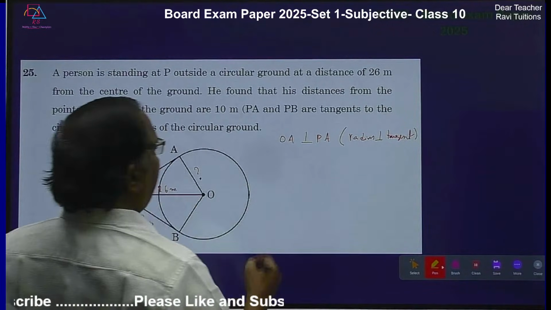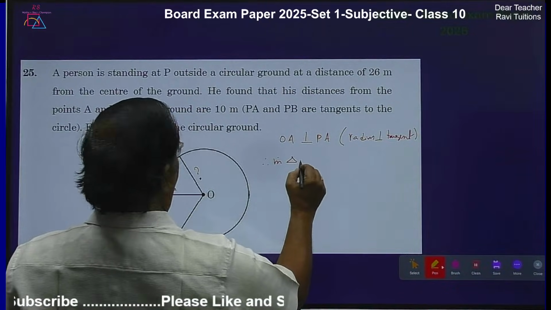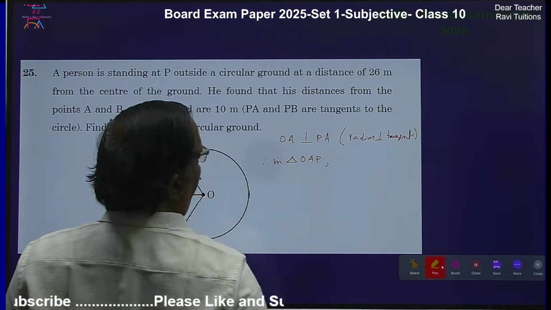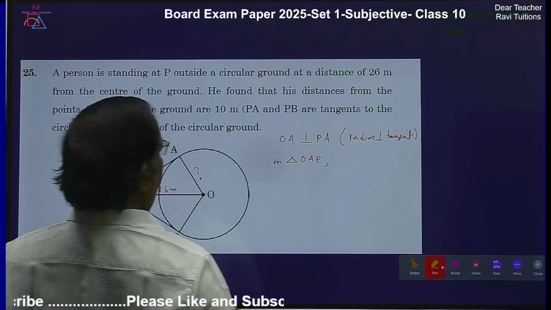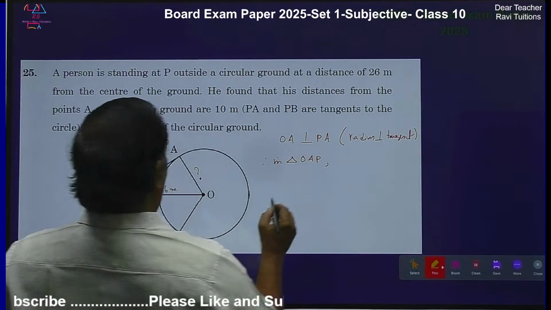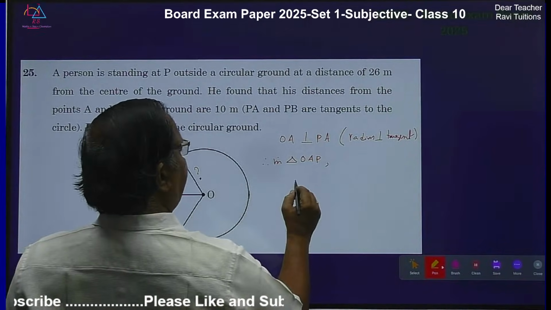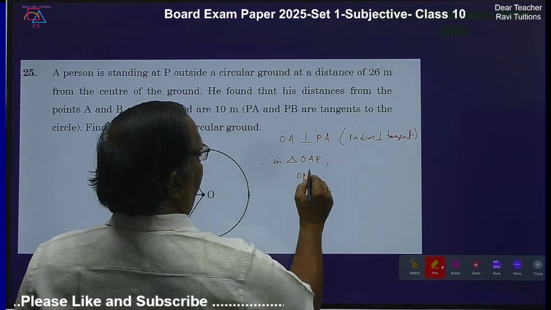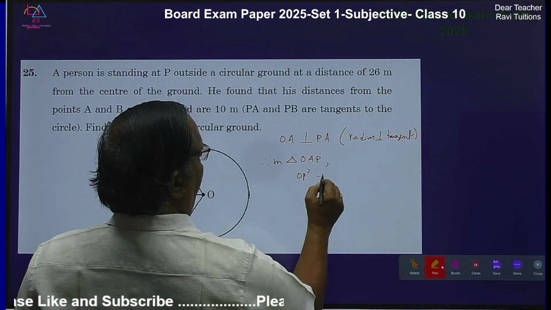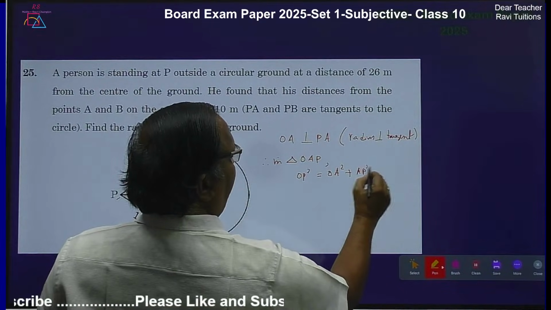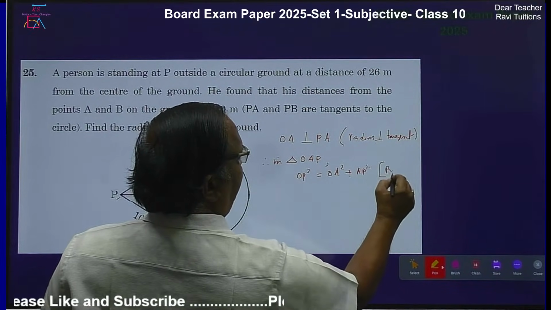Therefore, in triangle OAP, okay, Pythagoras theorem, OP square is equal to OA square plus AP square. You write here Pythagoras theorem.